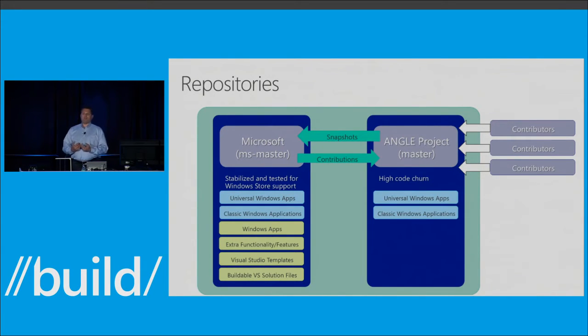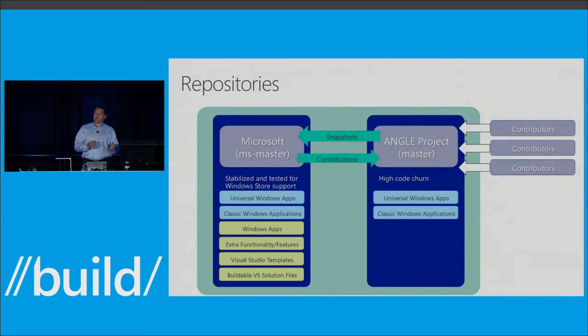When we see things that we need to implement in the Angle project, we do like everyone else: we contribute back to the Angle project. They have a pretty solid code review process where you submit your code and they do a +1, +2 code review, and then once they accept it, it gets merged, and it comes back down via snapshot. So we're always in sync with the latest and greatest.